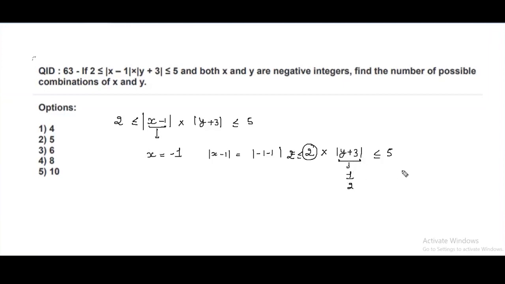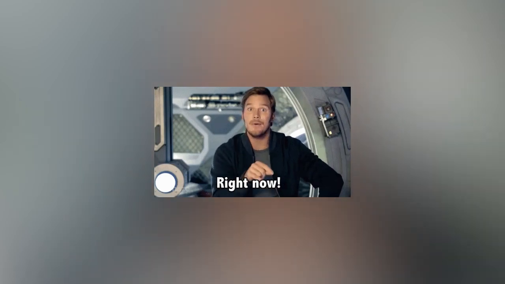So if I take |y plus 3| as 1, y plus 3 can be either 1 or minus 1. So from here I'll get y is minus 2, and from here I'll get y as minus 4. So if I take x as minus 1, right now I'm getting two values of y.